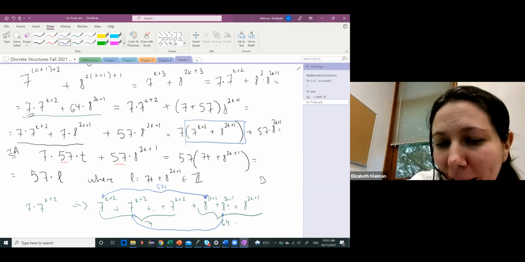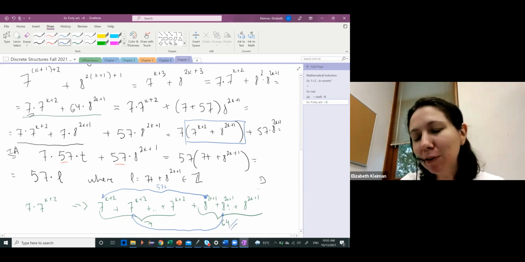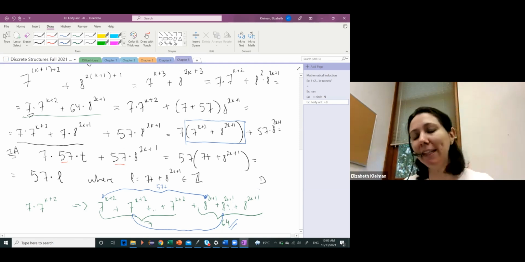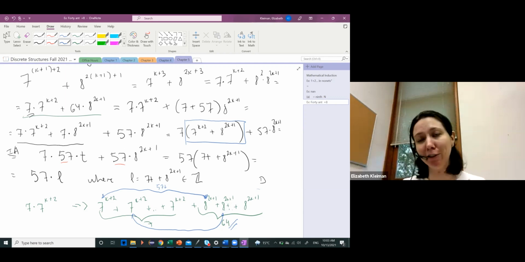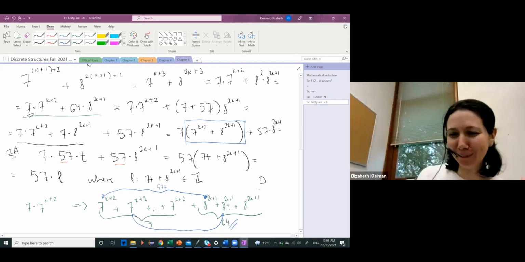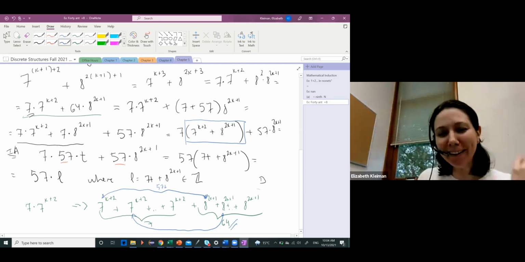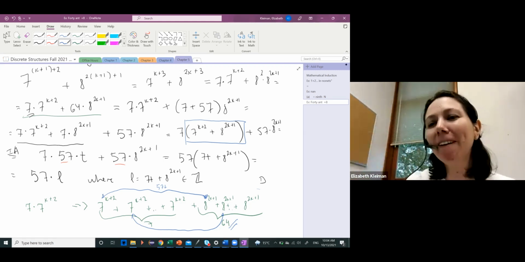And then if I took 7 out of here, how much 8 to the power 2k would I have? The 57. So this is just the visual way to see how they pair up and what's left. The numbers are ugly, so I will not write the whole 57 or 64 out here, but you kind of get the idea, correct? We just pair them up.